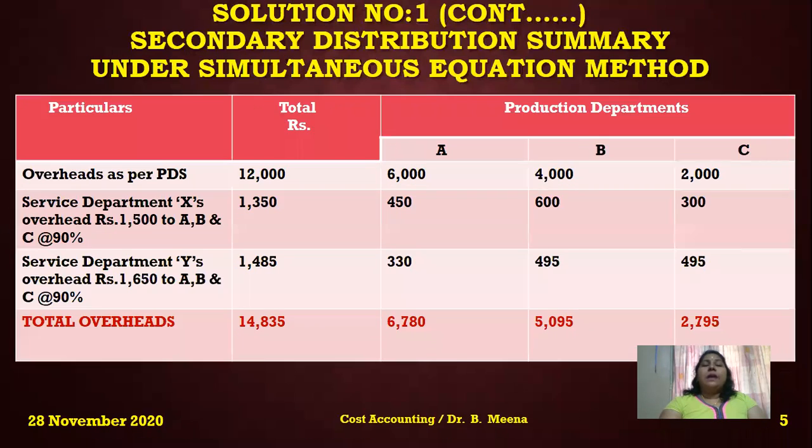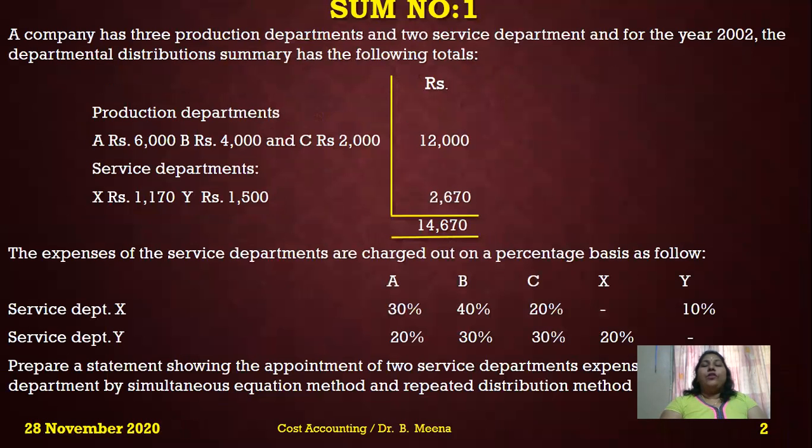If you have this kind of problem, look at the slide. If they just ask you to prepare the statement showing apportionment of service departments, it's your option. Either you can apply the repeated distribution method or the simultaneous equation method if the problem doesn't mention the method to be followed.